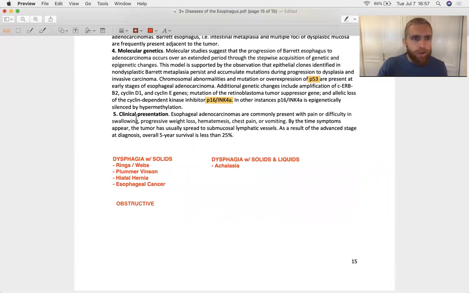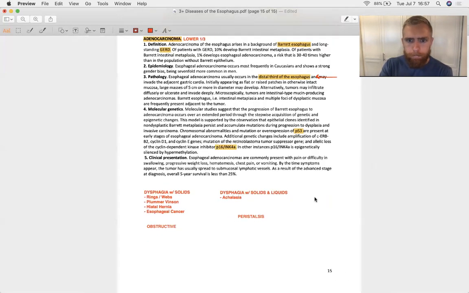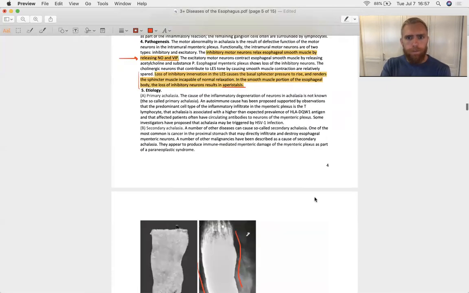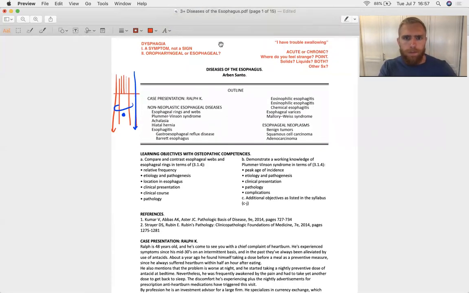If we're seeing a dysphagia to liquids, we understand that there is some sort of conduction problem in the nervous wiring of this anatomical region, usually impeding peristalsis, but can also involve the lower esophageal sphincter if it's achalasia. That's it.